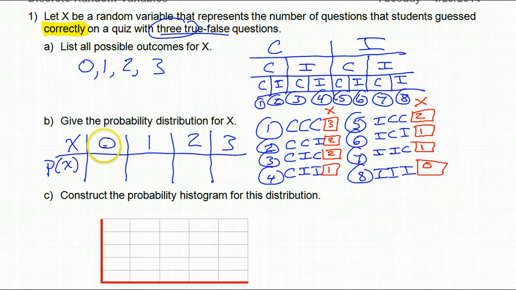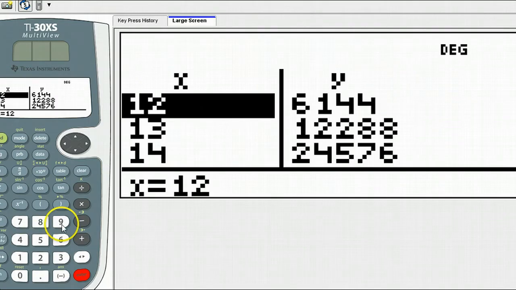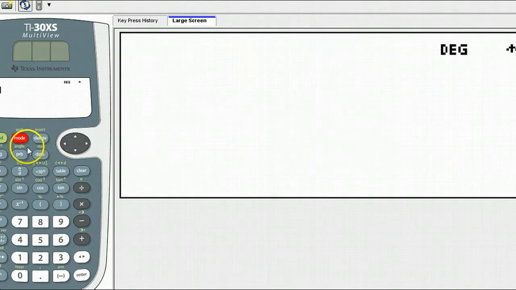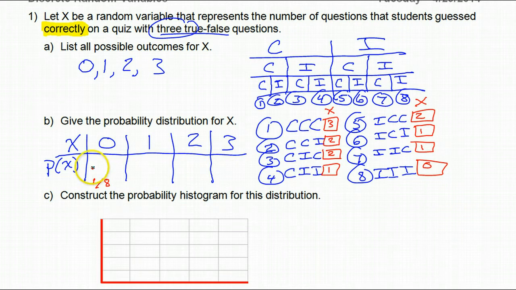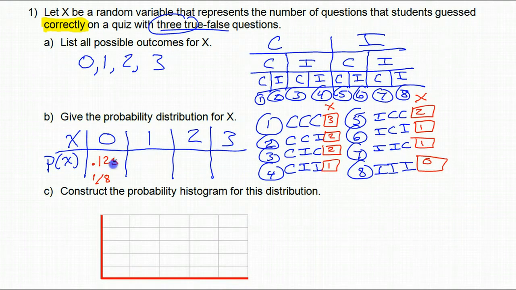So if I want the probability of getting 0 correct in this situation, I need to see how many times 0 occurred. Well, 0 occurred 1 out of 8 times. 1 out of 8 is 0.125.